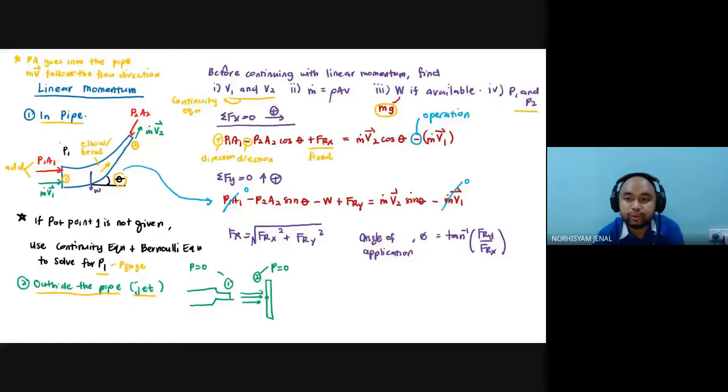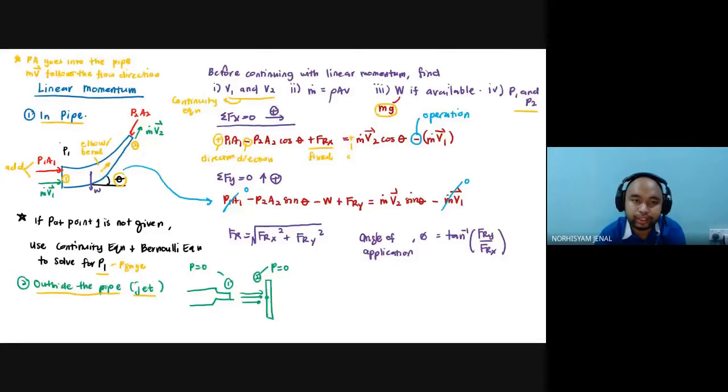Equals m dot v2 cos theta. So it's always this way. It's fixed. M dot v2, check over here to the right, so it's positive, with cos theta due to the angle. Minus, remember this is the operation.